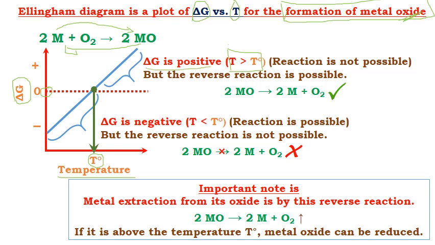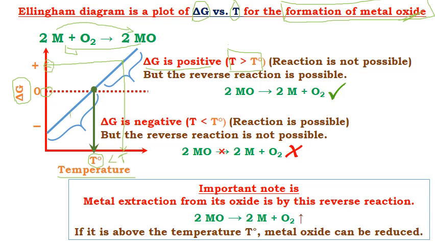Say, for example, let us take a point in the upper segment. Let us take the temperature T. The corresponding delta G value is positive. So if T is greater than T0, then delta G becomes positive.